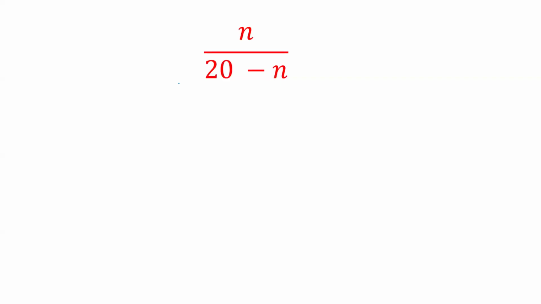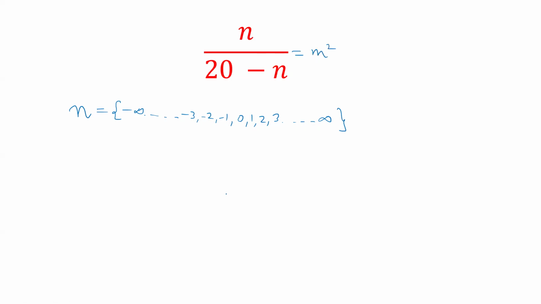Let's see how to approach this question. First of all, n can be any integer value from minus infinity, minus 3, minus 2, minus 1, 0, 1, 2, 3, up to infinity. And number two, this expression has to be the square of an integer m.